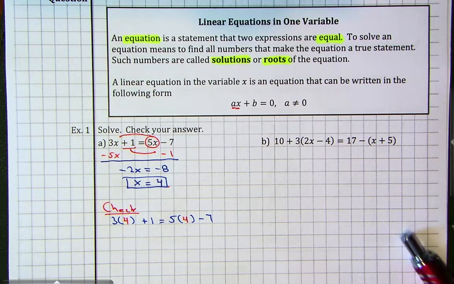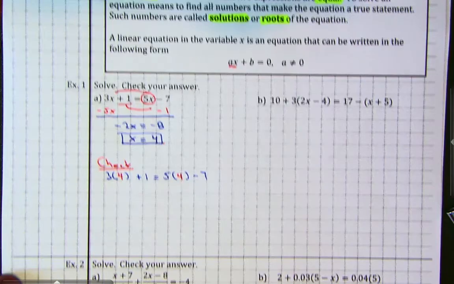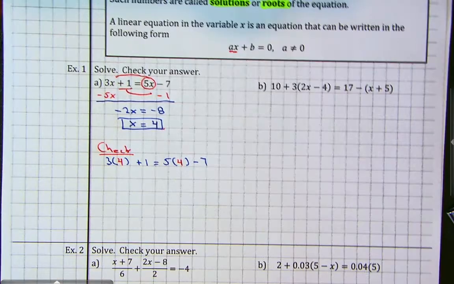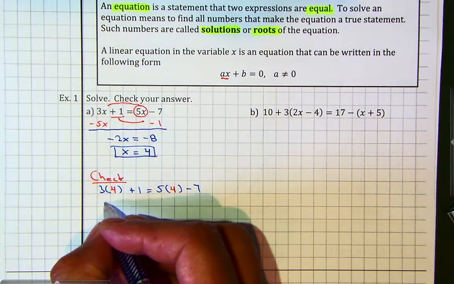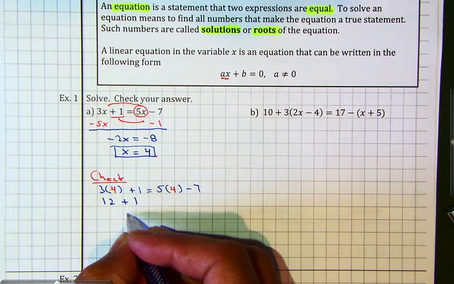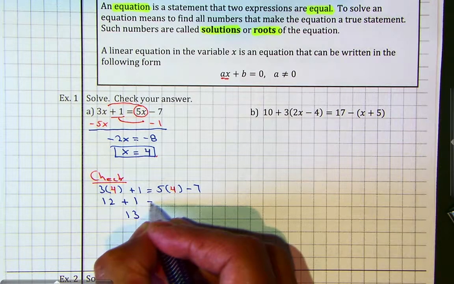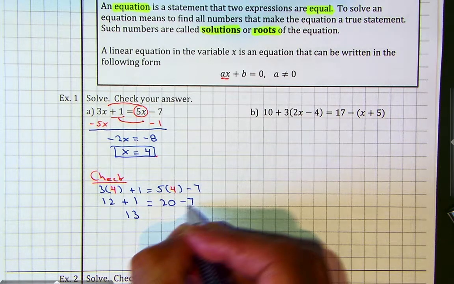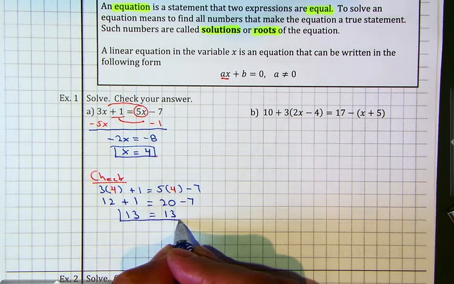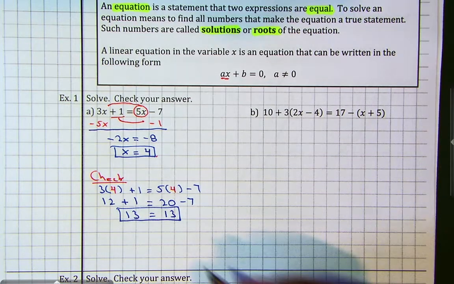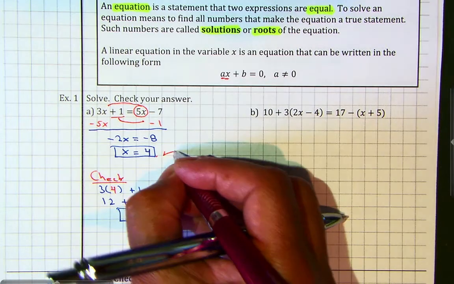Now I'm just going to simplify the left-hand side and the right-hand side. That gives me 12 plus 1, which is 13. That gives me 20 minus 7, which is 13. This makes it a true statement, which means that this is the correct solution.